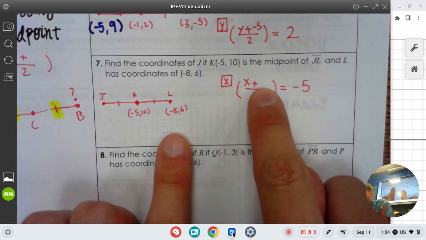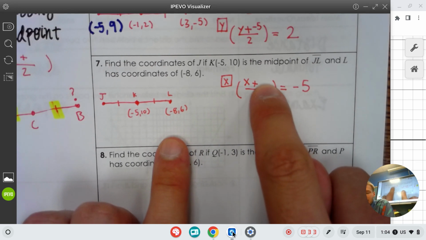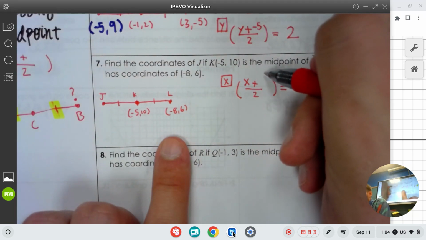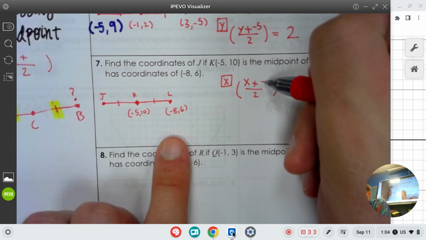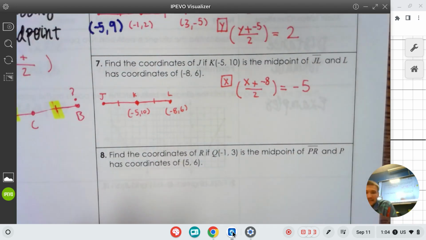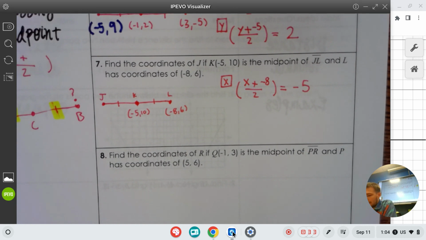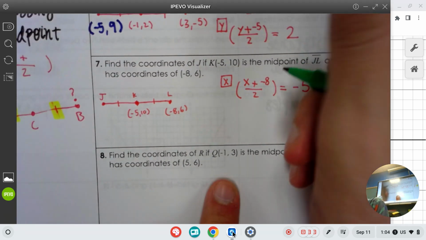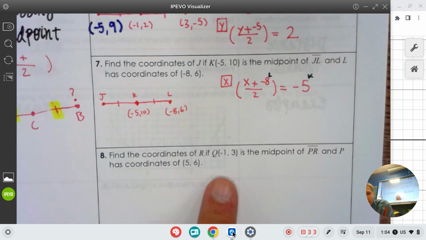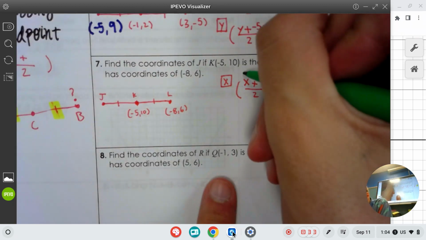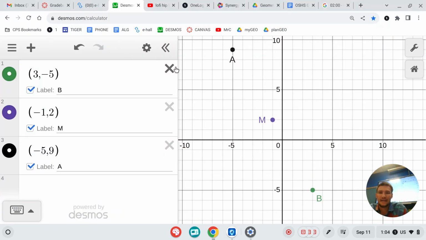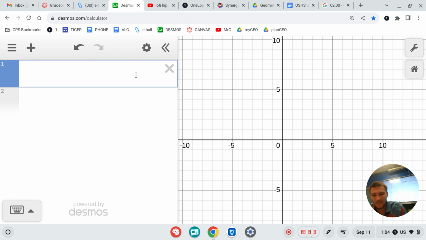And the L number, what should go next to the X plus, what number is going here? Nice job, -8. All right. This is my K number because it's my midpoint. This is my L number because it's the one I know. And this is my J number, which is a letter because I don't know what J is. I go to Desmos, I type it in, and I'm done.